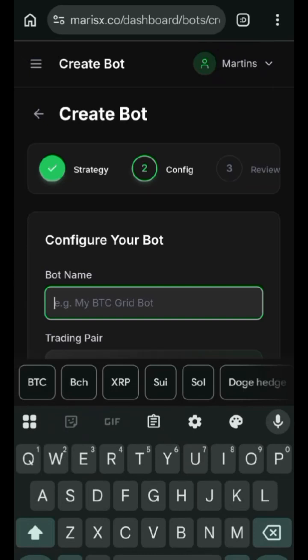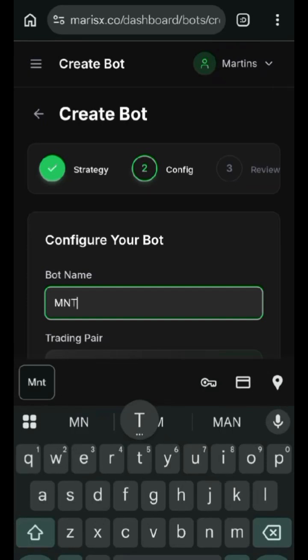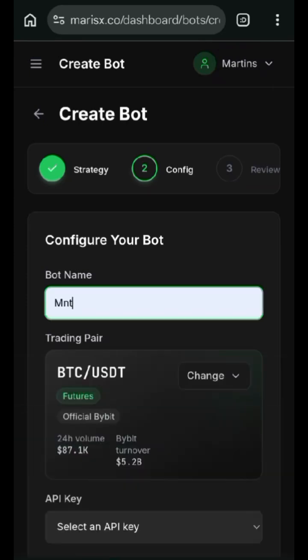All right. So now here you can just go to search for the coin you want to trade with this bot. So you can just search for, let's say, okay, I want to trade MNT, right? So please make sure you use the recommended coins.